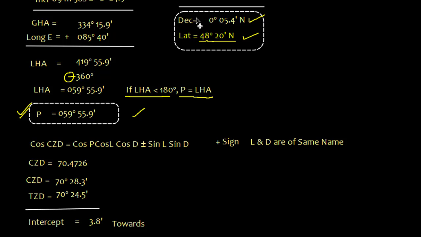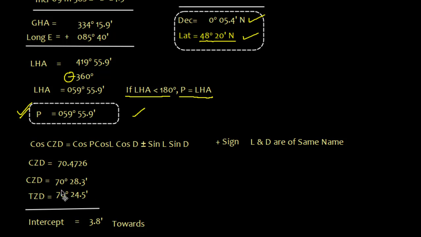Here declination is 0 degrees 5.4 minutes north and latitude is 48 degrees 20 minutes north. So both are of the same name, so we got to use the plus sign. We have the value of P, we have the value of L, that is latitude, and we have the value of declination, that is D. After applying everything here, what we get for calculated zenith distance is 70.4726, or if we round off, the calculated zenith distance is 70 degrees 28.3.